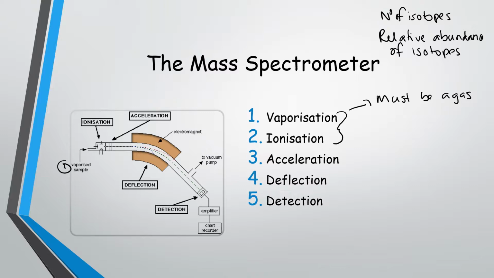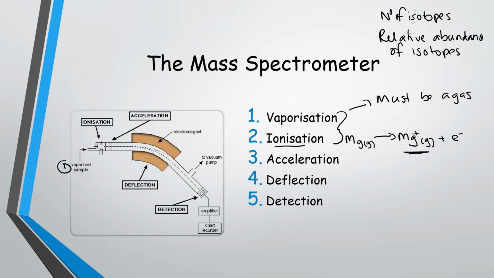The next step is ionization. And this is where we use a beam of electrons or a stream of electrons to knock one or more electrons off to form a positive ion. So for example, if you've got magnesium, which is a gas now, when you pass it through a stream of electrons, one of the electrons could end up being knocked off and you end up with a magnesium ion.